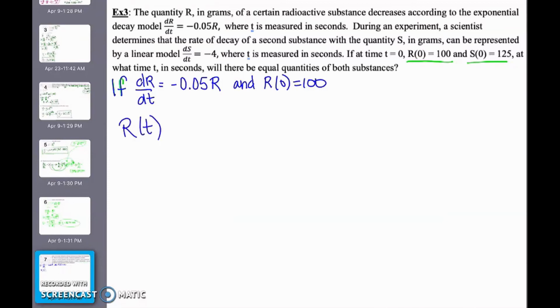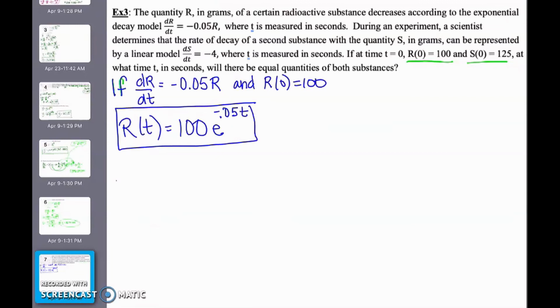So we know that R of t is equal to my initial condition, 100, times e to the negative 0.05 t. So there's my function for R of t.